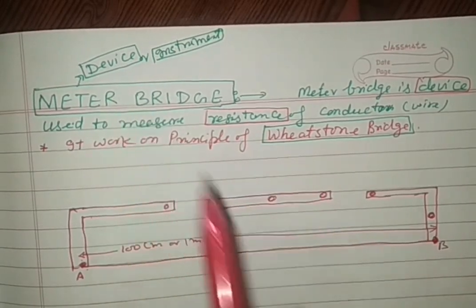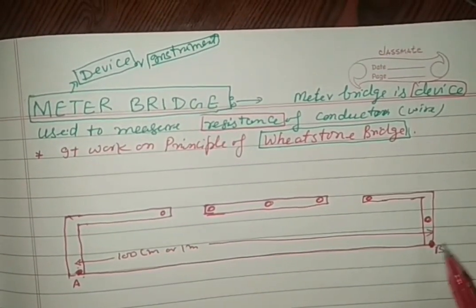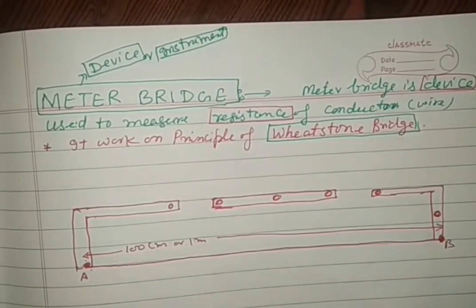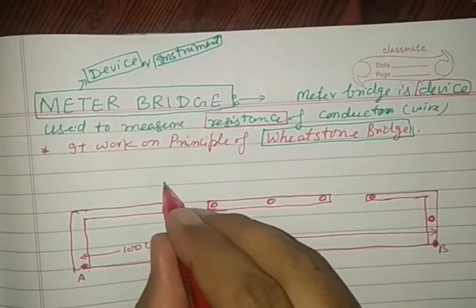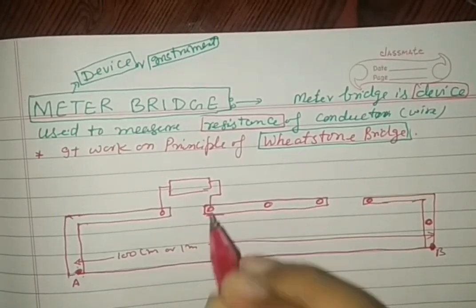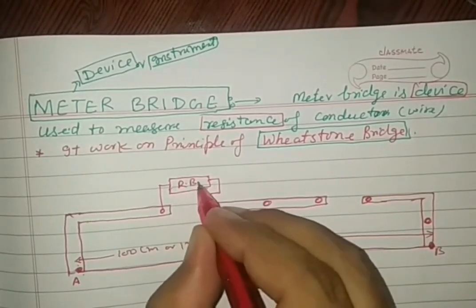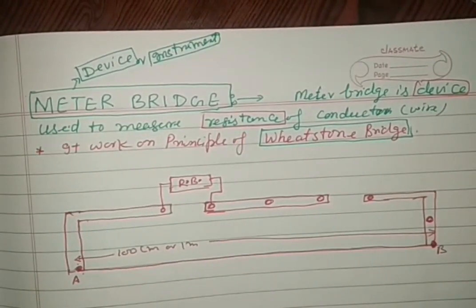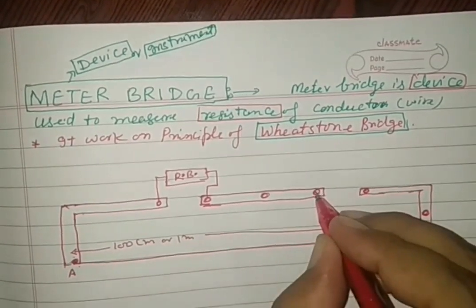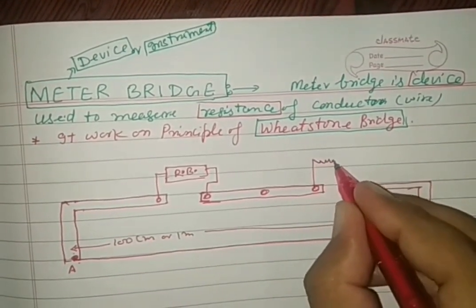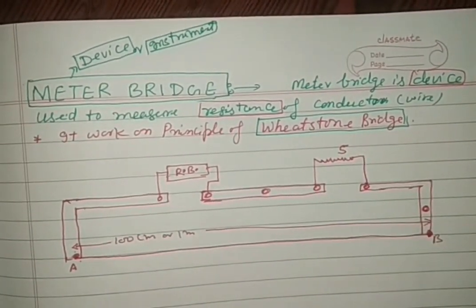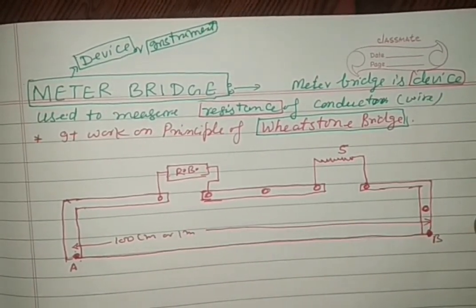So the meter bridge has 1 meter wire mounted on a meter scale, provided with terminals and 2 open gaps. Between the first open gap a resistance box is connected, and between the second open gap a specimen wire is connected, whose resistance is required to be determined, denoted by S.